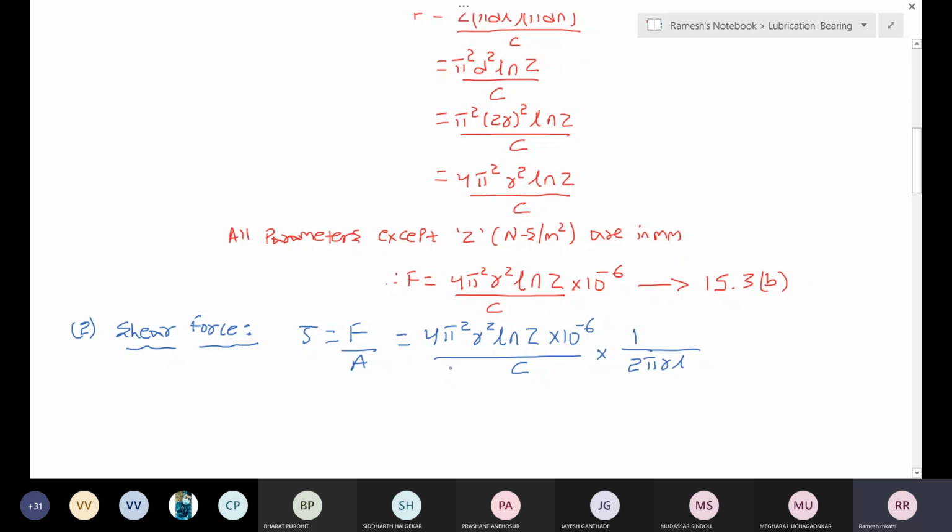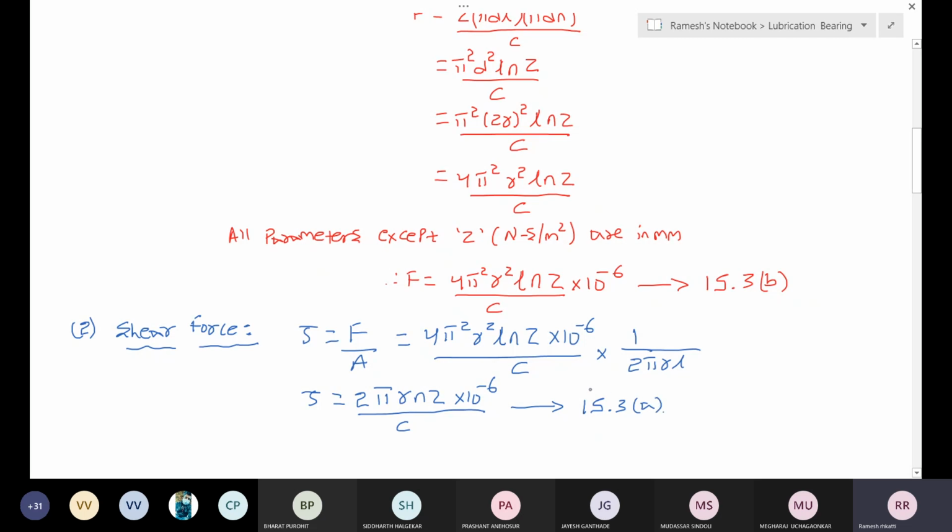After all the cancellation, the remaining is tau is equal to 2 pi R n into Z into 10 raised to minus 6 divided by C. And this equation is also there in your data, that is the shear force. This equation is 15.3a, which is there in your data.